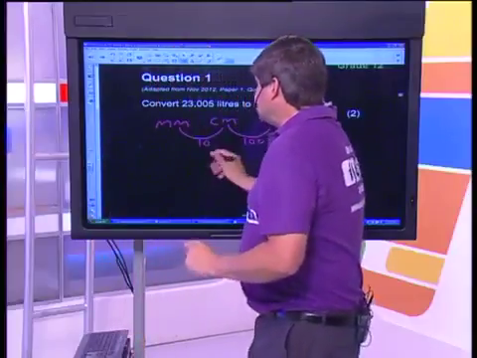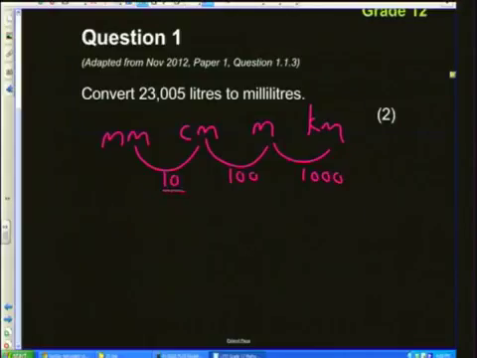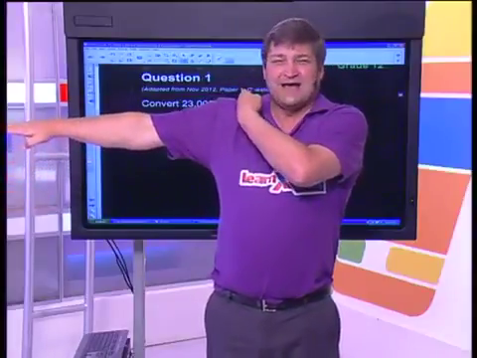Use it as a cheat tool. Now, you're not allowed to cheat in the exam, but you're allowed to take a ruler in, so use it. You can look at your ruler and count how many millimeters there are in a centimeter, and you will discover that there are 10. A meter is roundabout this length. Normally from the tip of your finger to your shoulder is roundabout a meter.